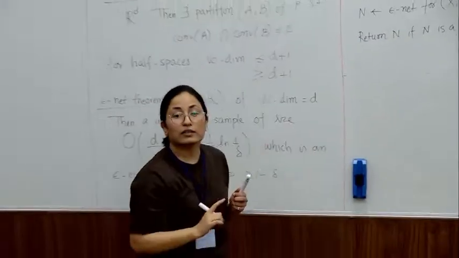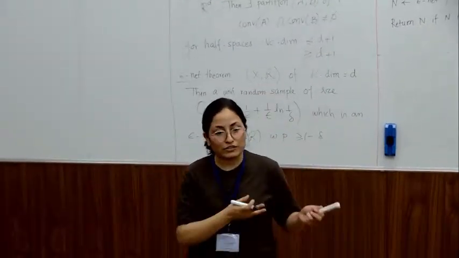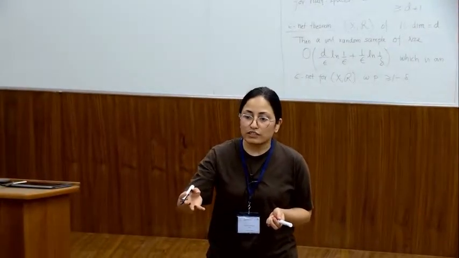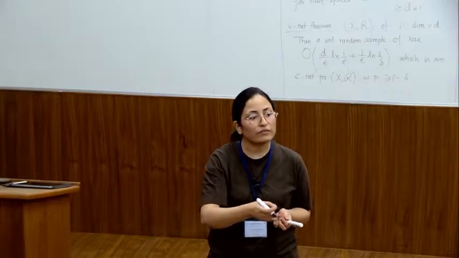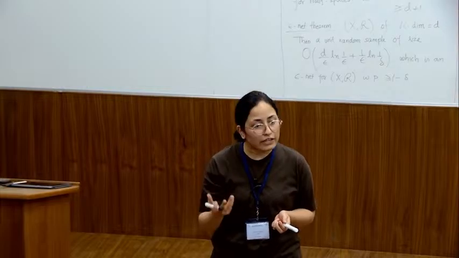If it is not, then what can we say? There is a range which has not been hit. And why is the range not hit? Because it was not heavy enough.